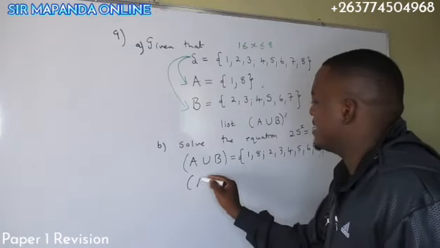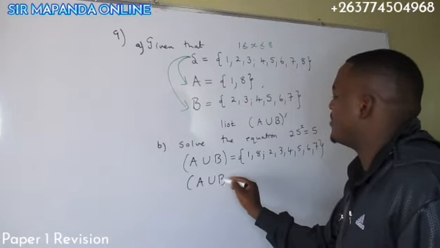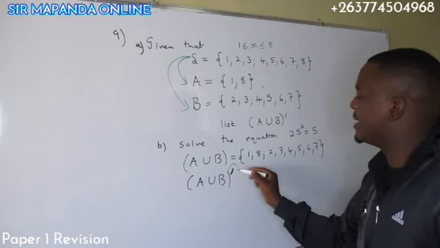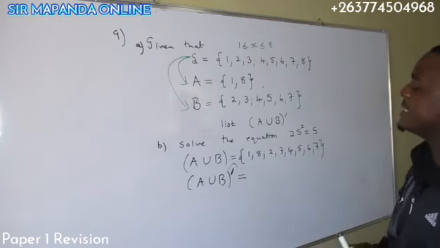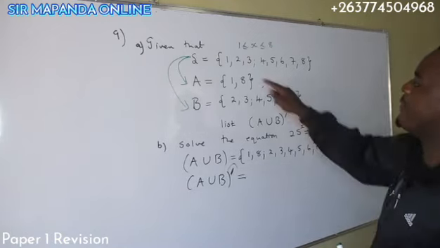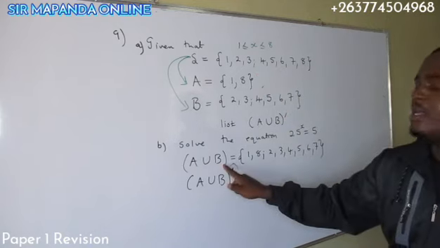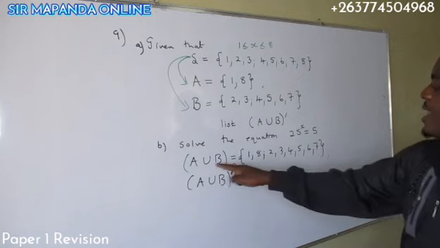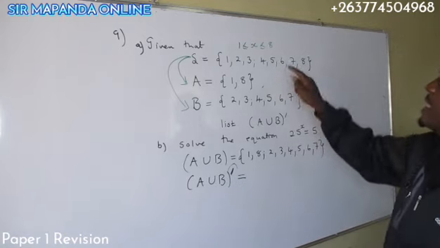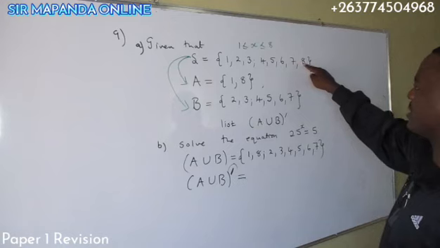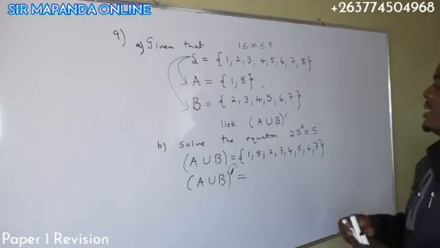Then this sign, A union B complement, this sign complement, it means we want the elements which are found in the universal set but which are not part of A union B. So now that we know A union B, we need to find the elements inside the universal set which are not part of this set.